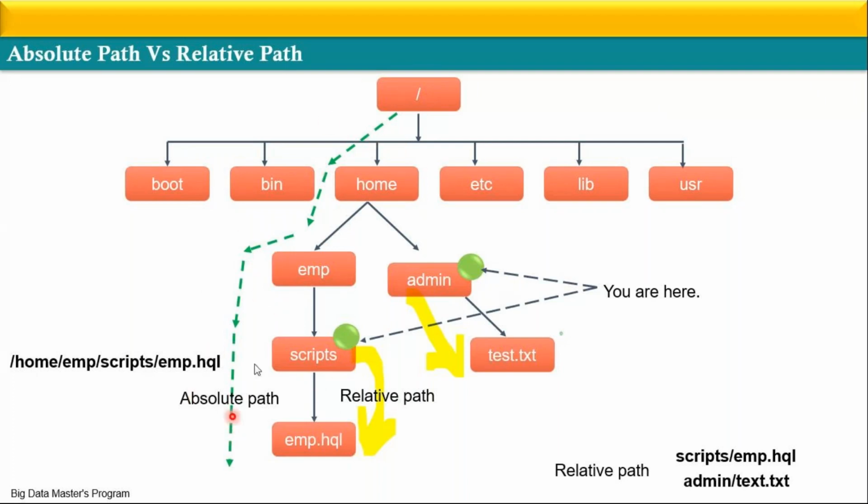And wherever you are, the path from that directory only is the relative path. With the help of this diagram, probably you are able to understand the concept of relative and absolute path. Just have a look.